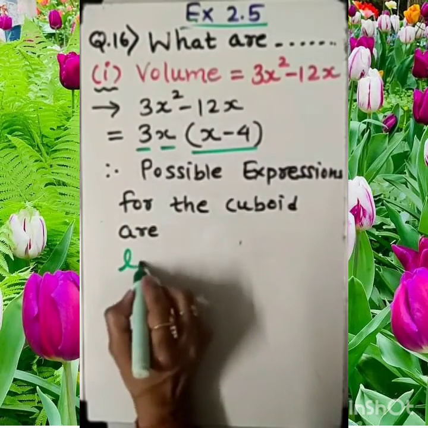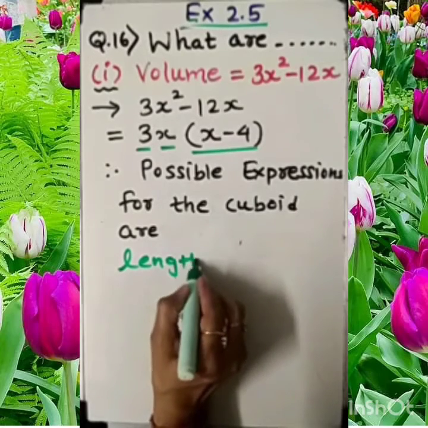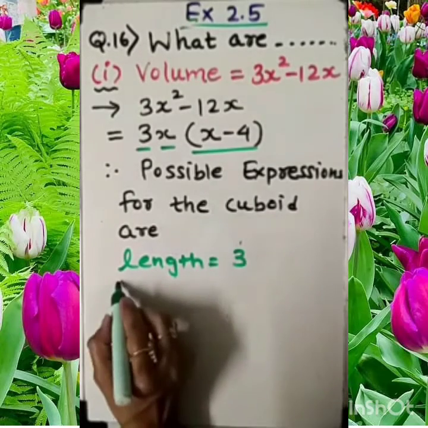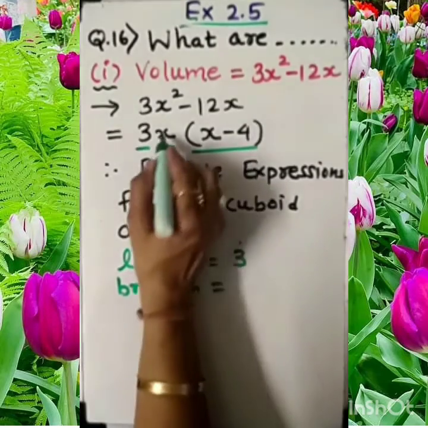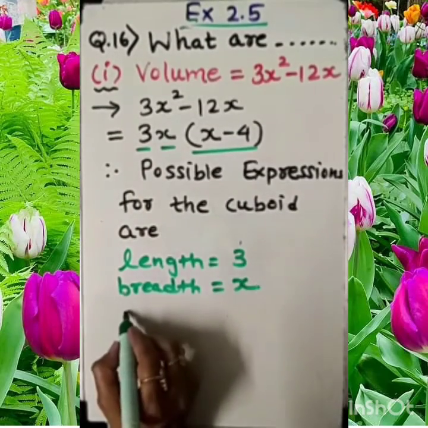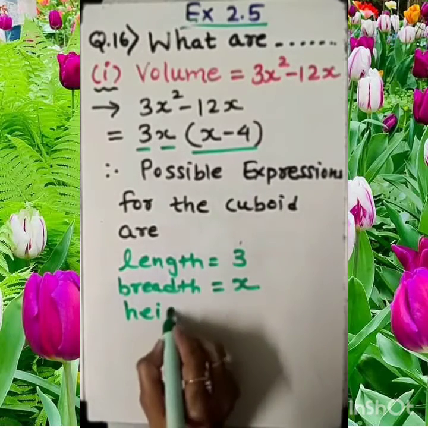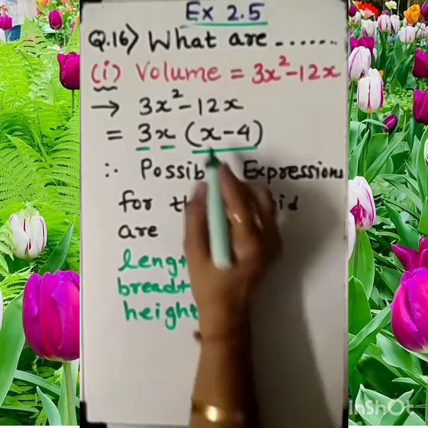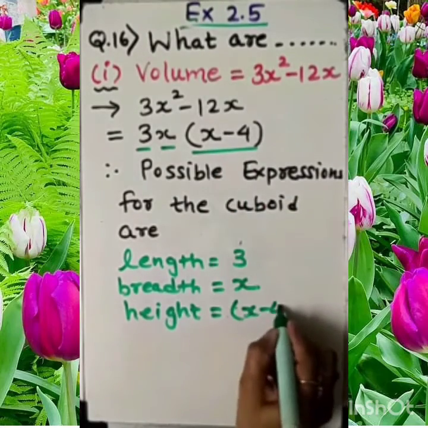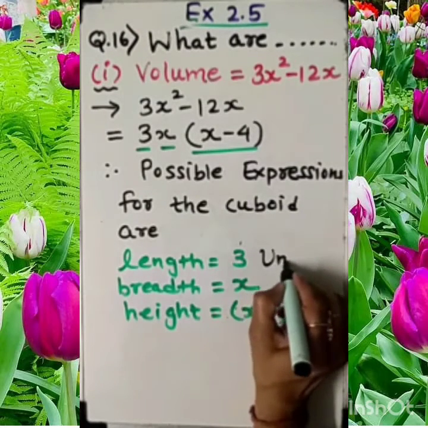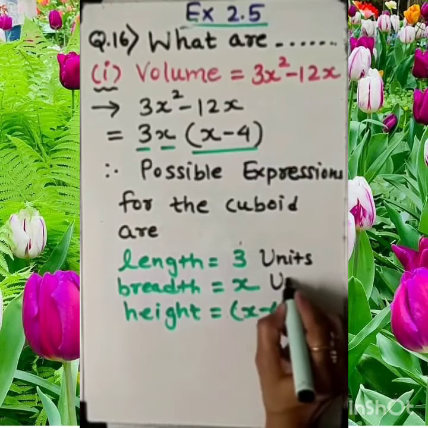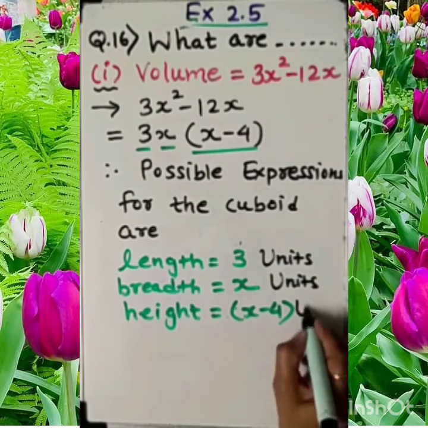Length, I am considering, is 3 units. Then breadth we can consider as x units, and of course height. Third is height, so I am considering x minus 4 units.